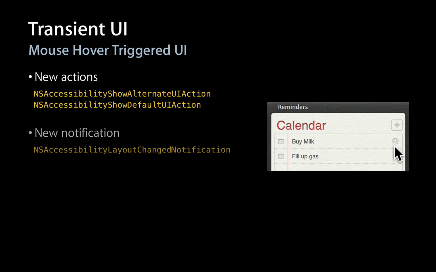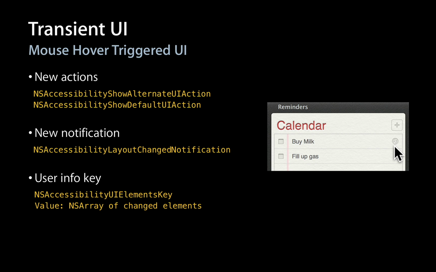And when VoiceOver wants to know when UI changes on the screen, you simply need to post the layout change notification. This notification takes a user information dictionary, a key, UI elements key, that takes an array of changed elements. So if you've ever implemented or posted an accessibility notification, you may be wondering right now, well, how do I pass in this user information key?